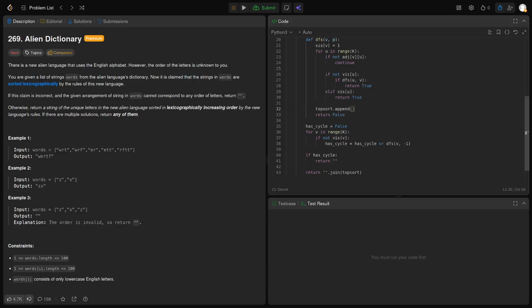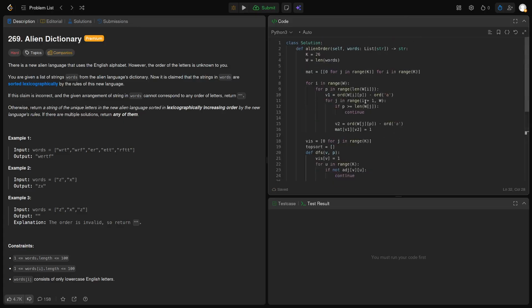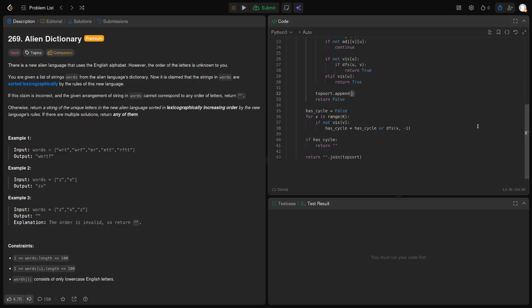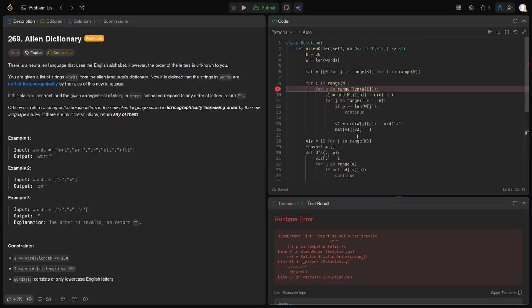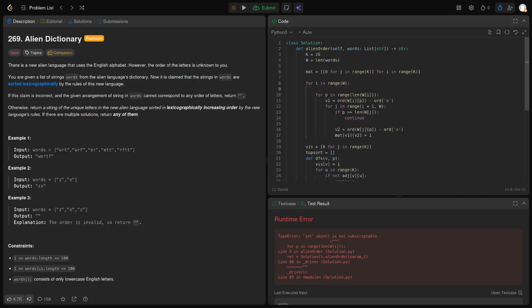No, that's not right, because this gives me the ordinal, so I want char of ord a plus v, maybe. I'm not sure what I'm even doing. What's happening here?